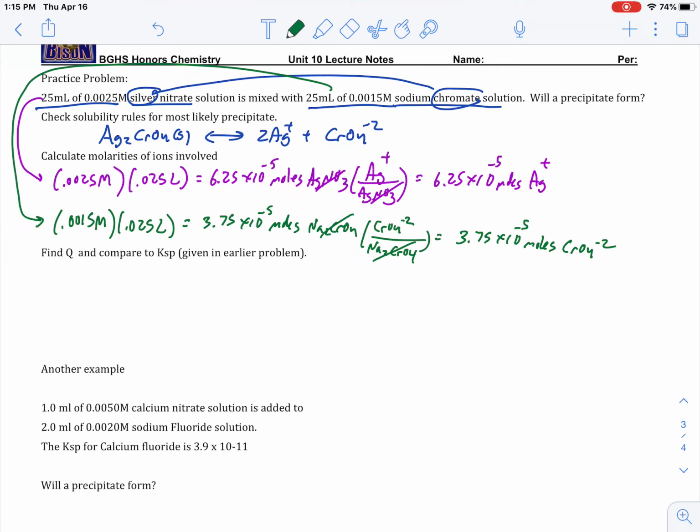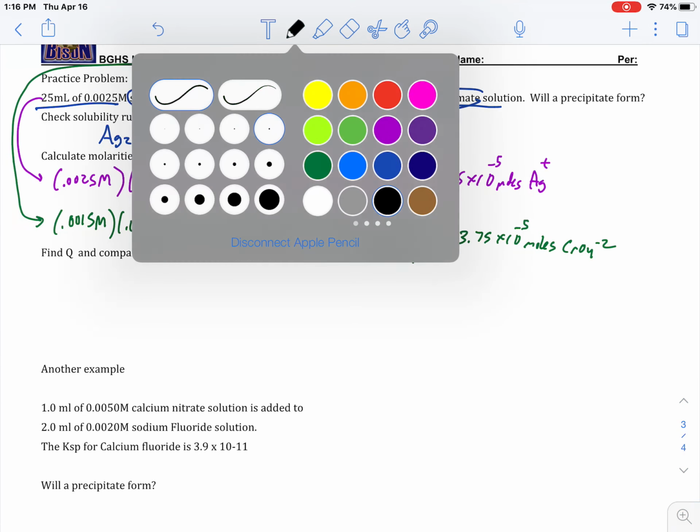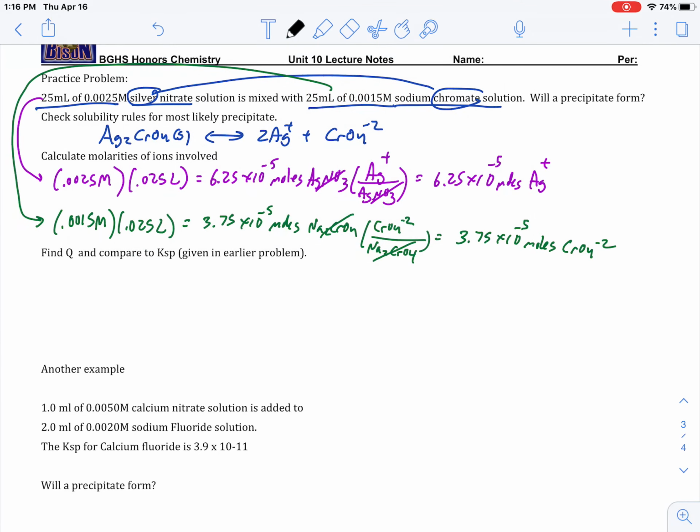Okay, so we have moles of both reactants. I need to find the molarities, so I need to divide them both by what the total volume is. 25 plus 25 is 50, so each of these divided by 0.05 liters will give me the molarity.